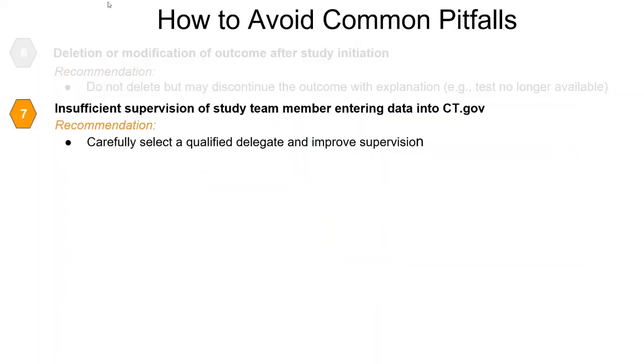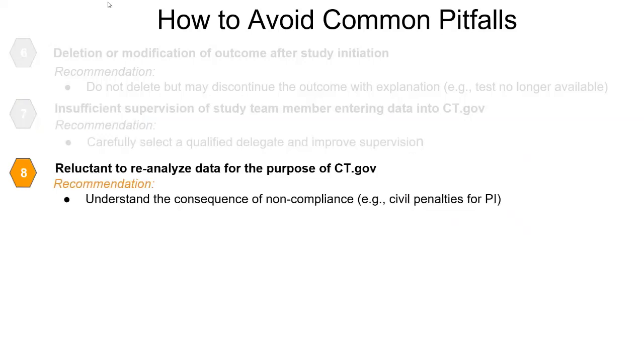The next common pitfall is insufficient supervision of study team members entering data into ct.gov. Our recommendation is to carefully select a qualified delegate and improve supervision. Then the next one is being reluctant to reanalyze the data for the purpose of ct.gov. So ct.gov requires data to be reported in a certain way.